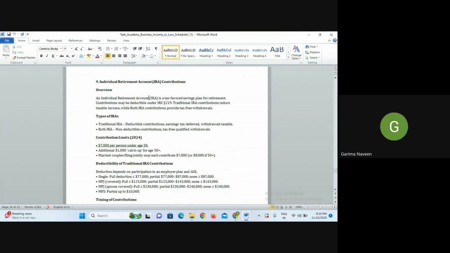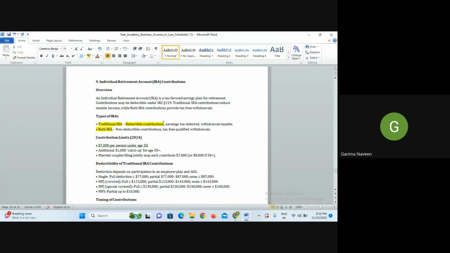So basically there are two types of IRA plan. One is traditional IRA and second one is Roth IRA. So what is the difference between both? In traditional IRA, you have a deductible contribution, meaning if you are contributing to a traditional IRA, then you can take a deduction in your form 1040 as an above the line deduction.